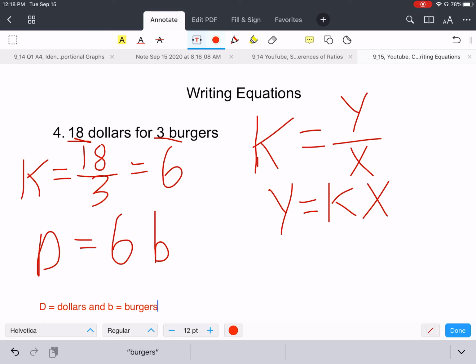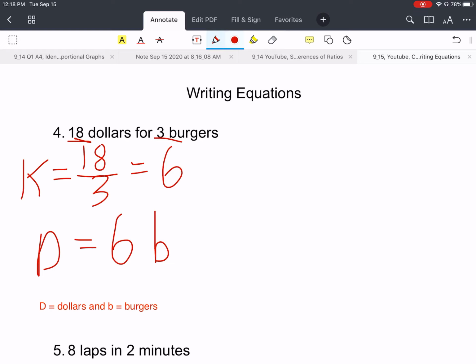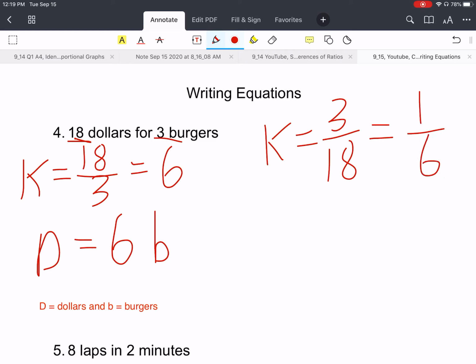Other people might look at this problem, and I'm going to erase these equations so we have more room. They might look at this and realize that they want the burgers to be the y value. So they might put that k equals 3 over 18, and that would simplify to k equaling 1/6.